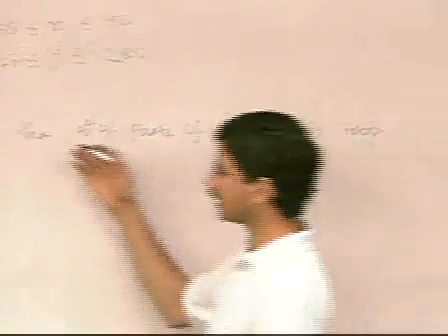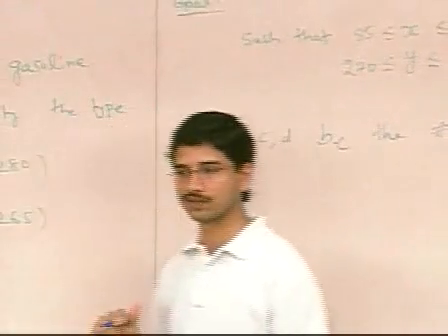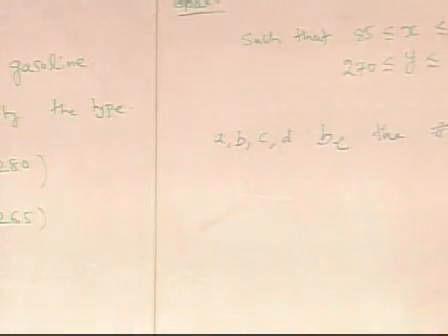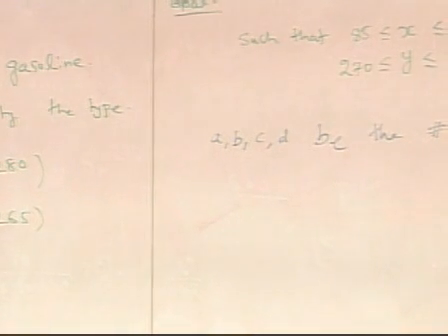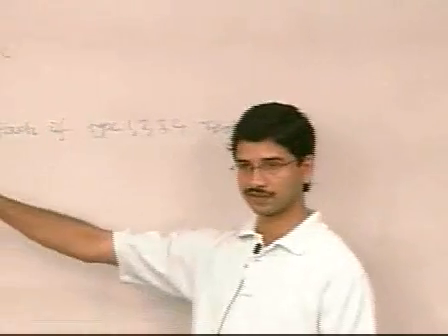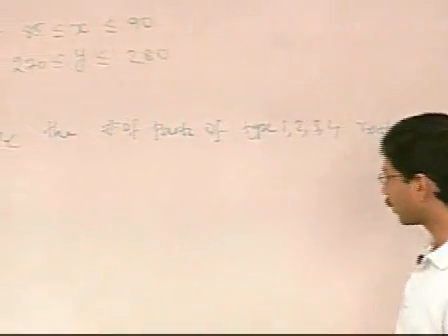So I'm going to take A units of this, B units of this, C units of this, and D units of this. So I'm going to use A, B, C, D to denote the respective numbers.